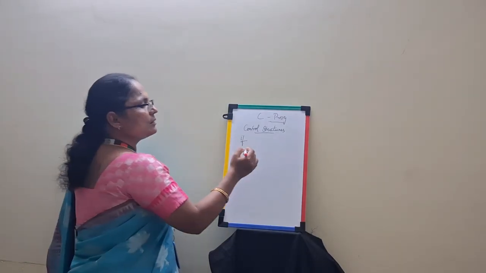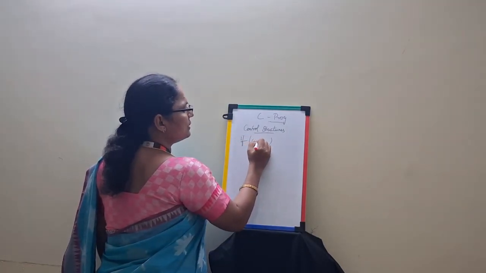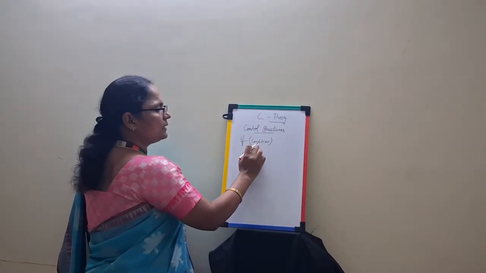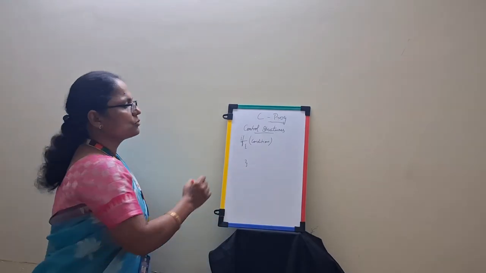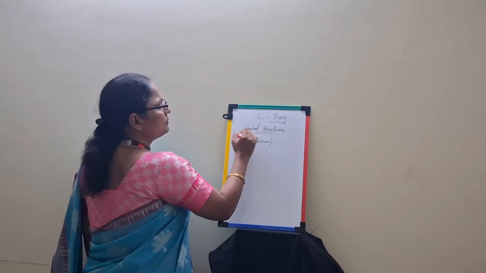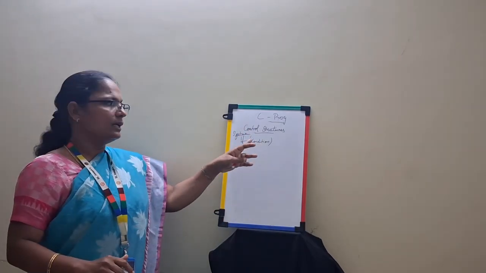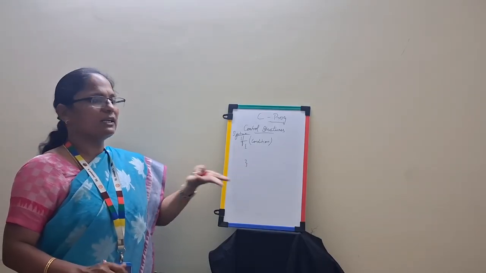Then I will go for something called if. We'll give the condition over here, open bracket and close bracket. So this is going to be the syntax. If the condition is true, it will come here, otherwise it will not print anything else.